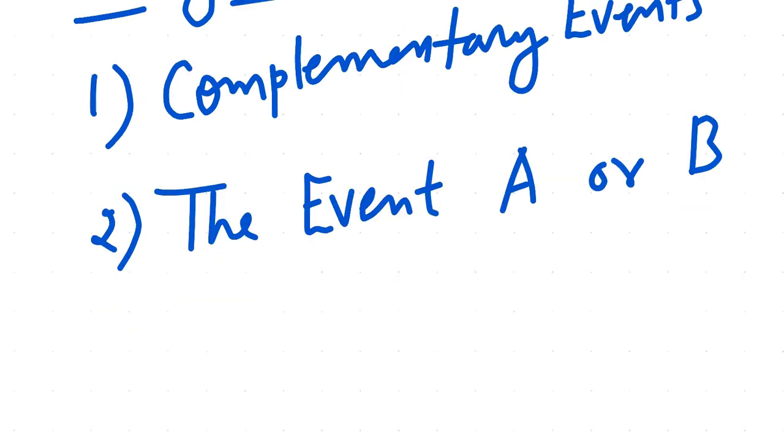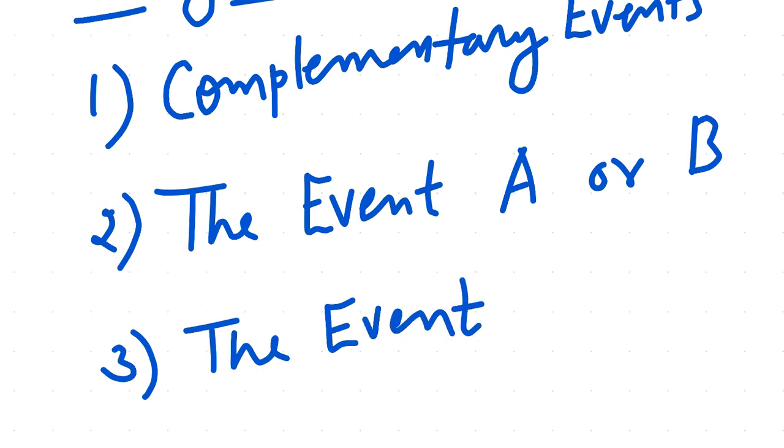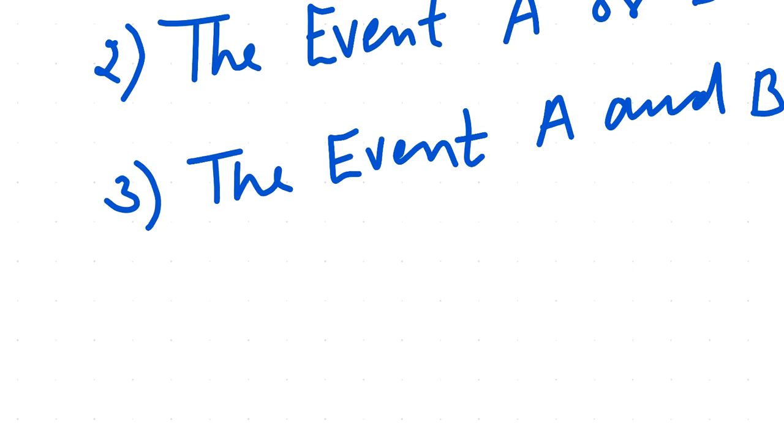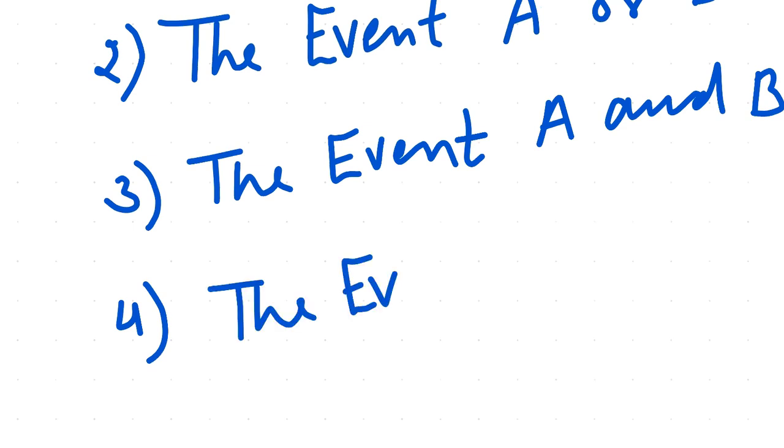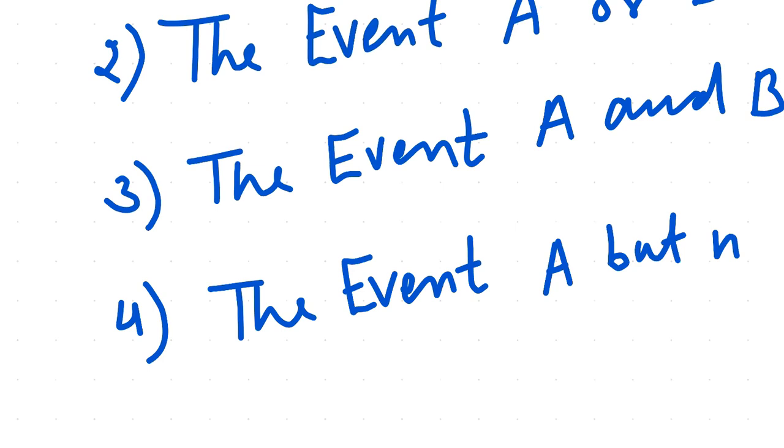Third, the event A and B. And fourth is the event A but not B. Okay, so now we will do all of these types one by one.